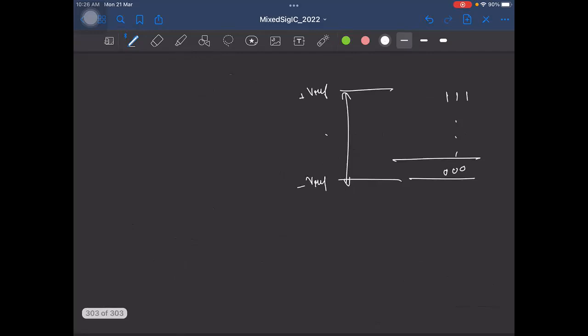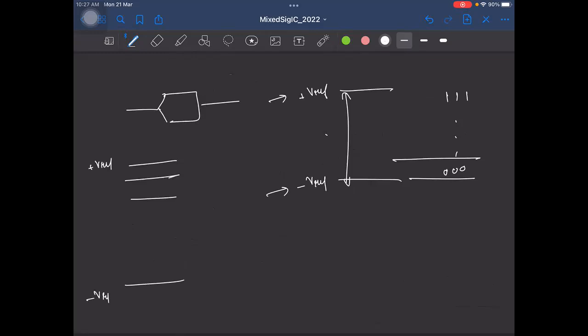If I say an ADC has a resolution of 3 bits, what does it mean? If the input is varying over the entire range minus Vref to plus Vref, we will get all possible 8 codes, right? Let me just draw that again. This is minus Vref to plus Vref, and I'll have so many levels in the ADC with different codes.